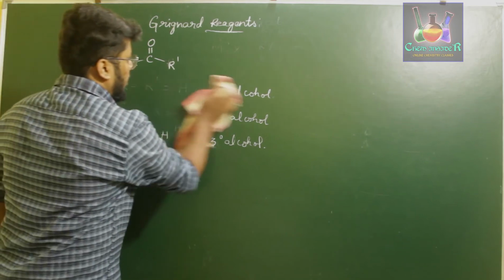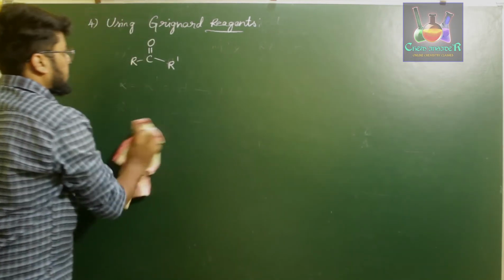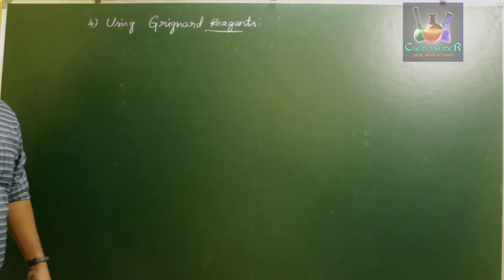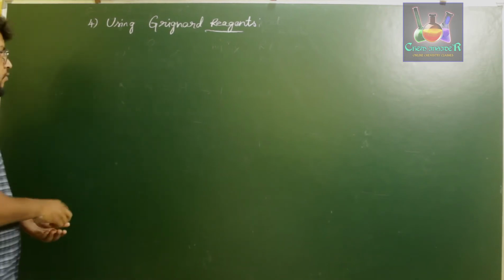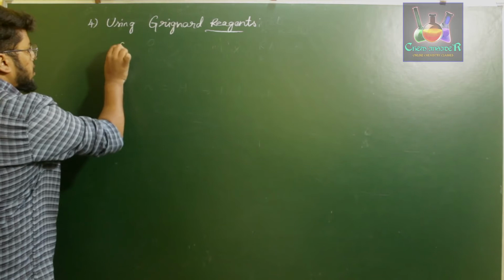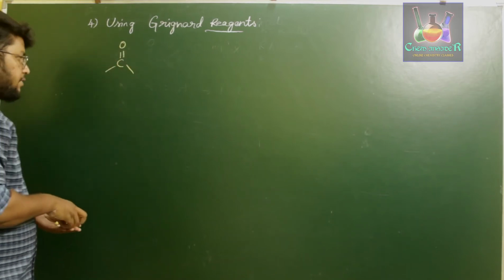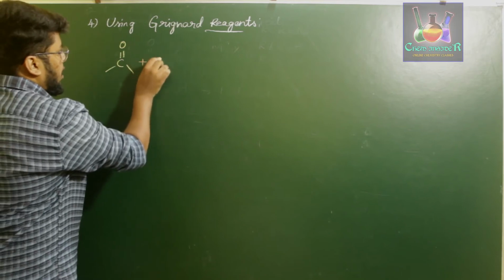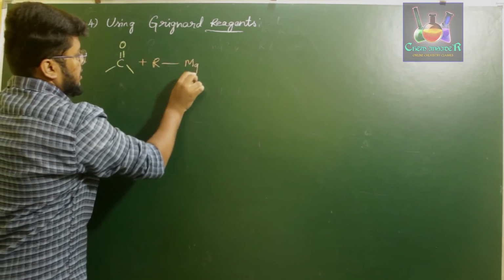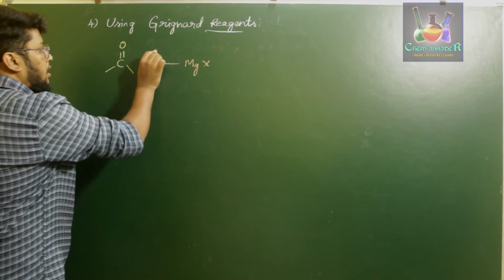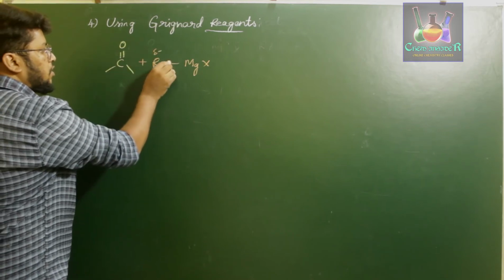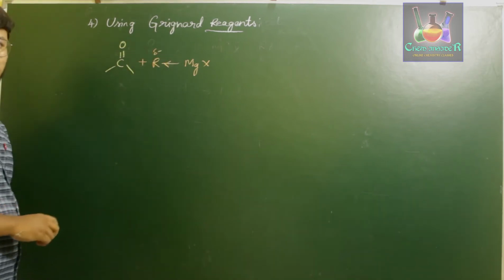First we'll directly go through a general reaction. When you consider a carbonyl compound like this one, treated with a Grignard reagent, that is RMgX, since R carries a delta minus charge, electrons will be attracted towards the R group.